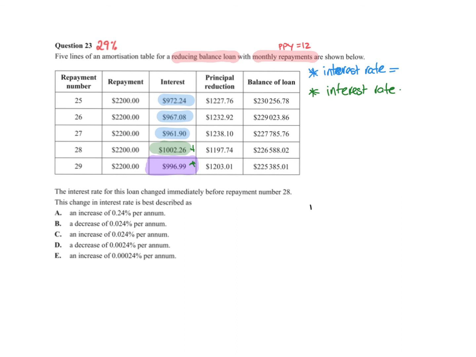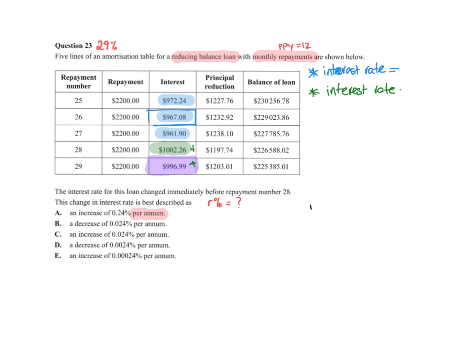And it says the change in interest rate is best described. If you look through the answers here, they're quoting the interest rate per annum. So what we really need to know is what those two R rates, the per annum rates, were up here. So I'm going to work out how we calculated this.